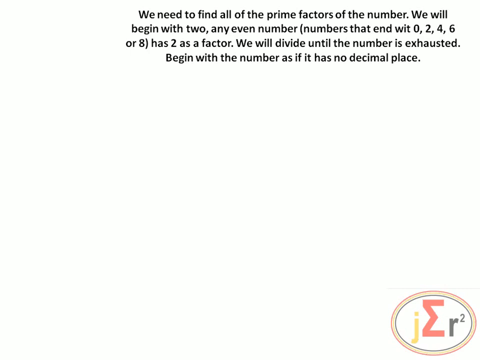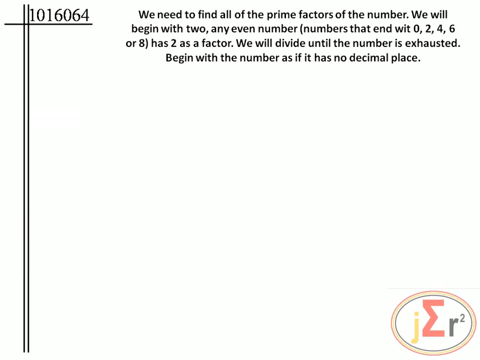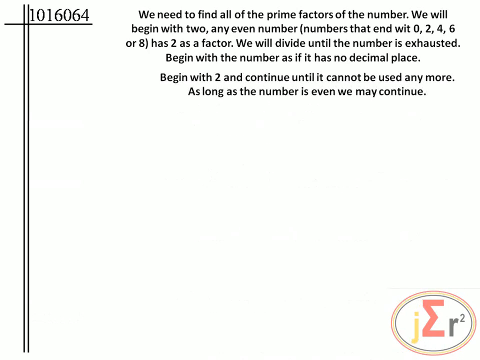We will divide until the number is exhausted. Begin with the number as if it has no decimal place. So let's go. We begin with the number as if it has no decimal place. It ends with a 4, so we are sure that it is even, and we may divide by 2.